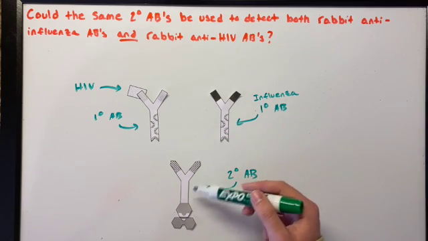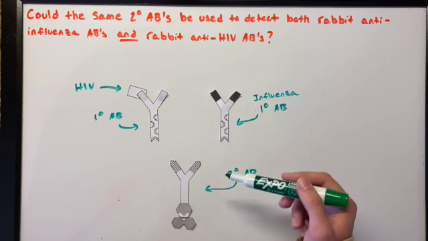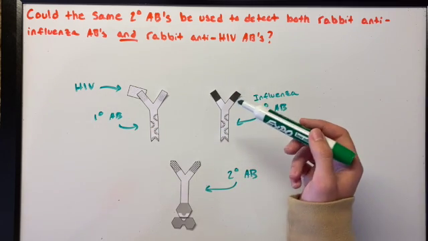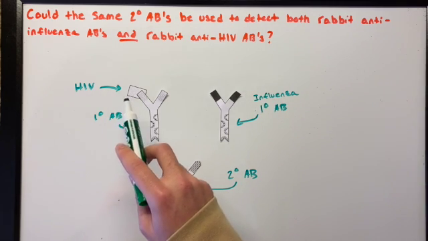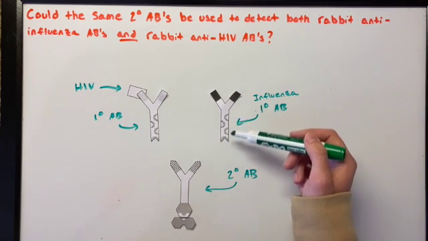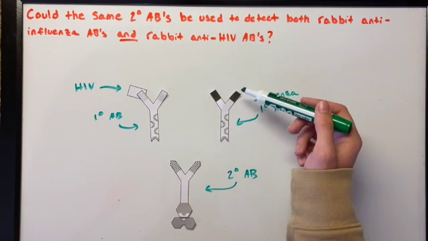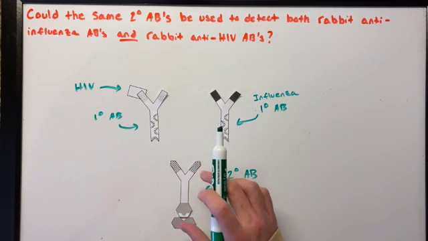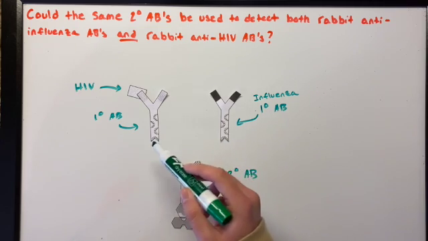They have no binding specificity towards the type of antigen that is present. So regardless of whether it is an influenza antigen or an HIV antigen, as long as the constant region is the same, the secondary antibody will bind to both constant regions.